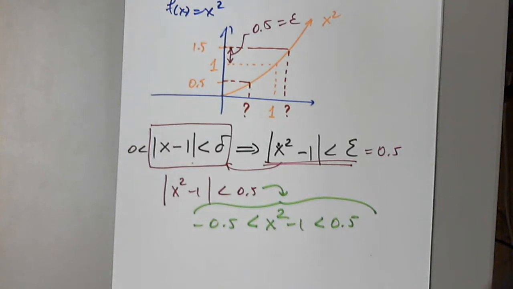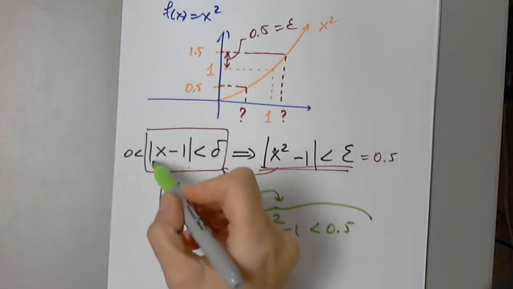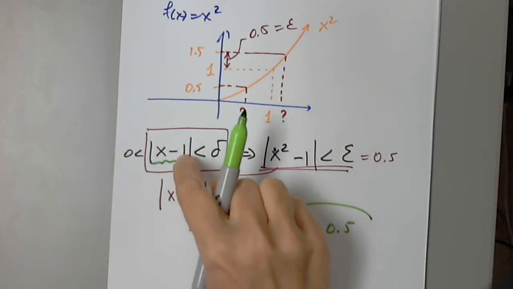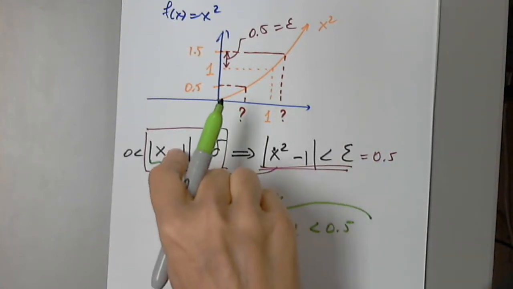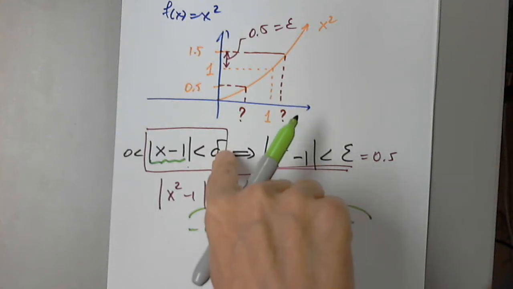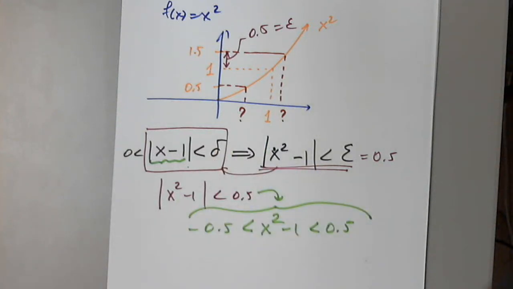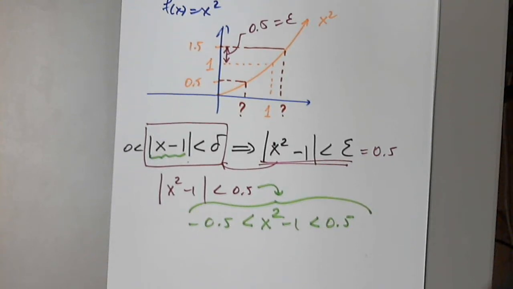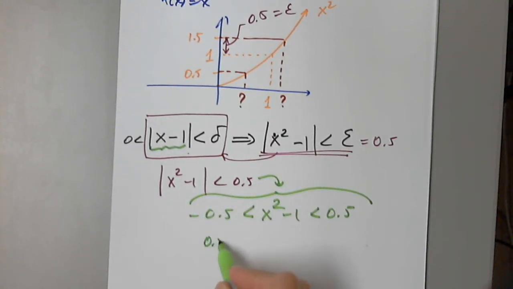Perfect. So of course, I am trying to build this. I'm done when I build this on this side and some number on the other. And then I say I'm done. So what will I have to do next? Add 1, indeed. So 0.5 less than x squared less than 1.5. Now what I'm going to do is not 100% legitimate unless everything is positive.